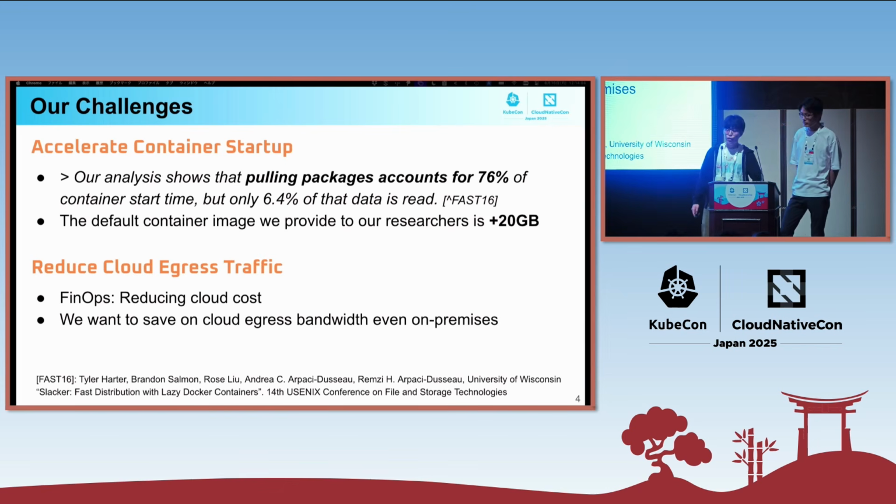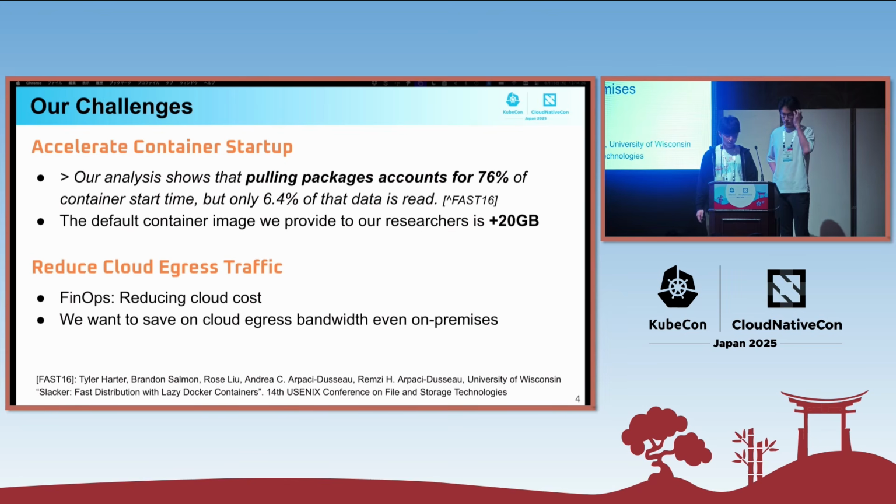So what were the main problems that we wanted to solve? We were facing 2 primary concerns that many of you might also find familiar. Firstly, the need to accelerate container startup. External research, such as a paper from USENIX, indicates that a large part of container startup time, often more than 76%, is consumed by pulling images.